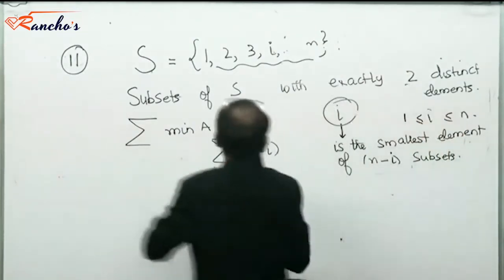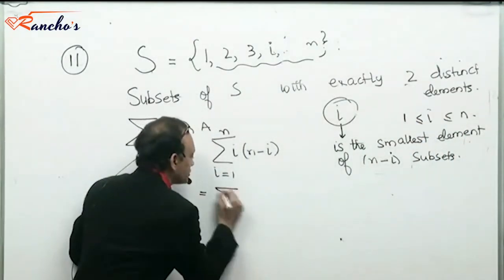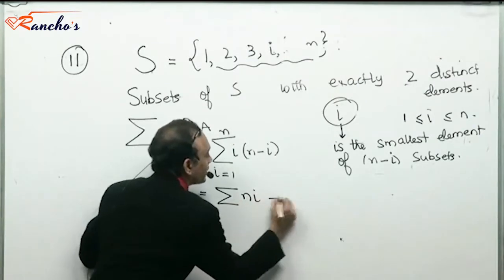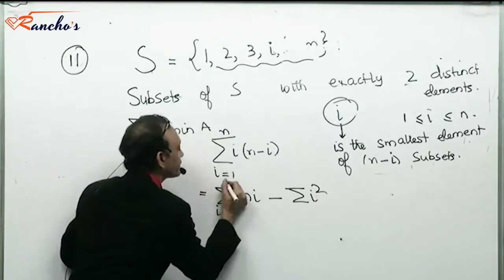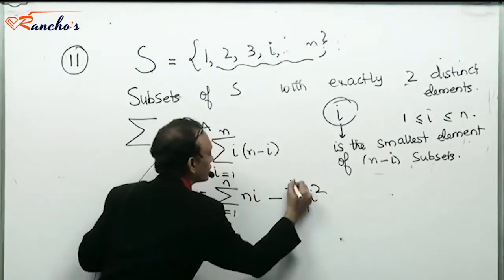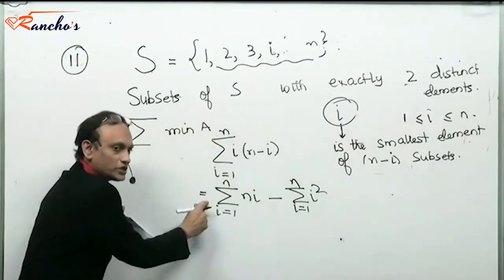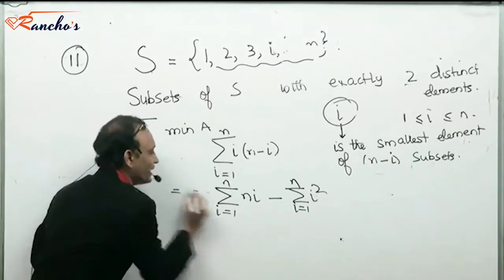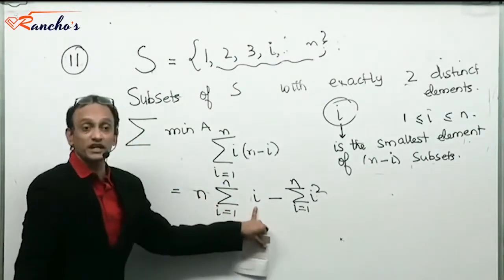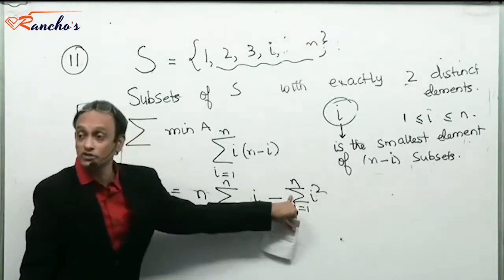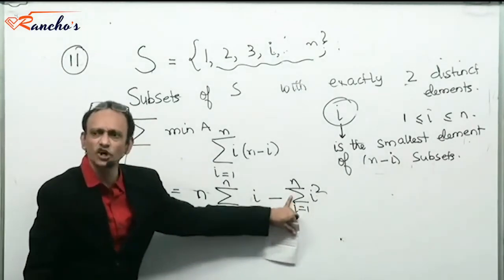Right now, this is summation n i minus summation i squared, i equal to 1 to n. n will wriggle out of this summation, it's independent of i. Then this is the sum of the first n natural numbers, and this is the sum of the squares of the first n natural numbers. Yes or no?